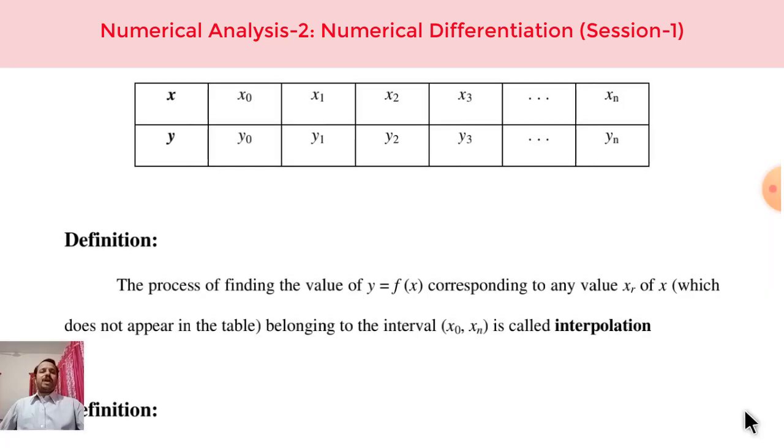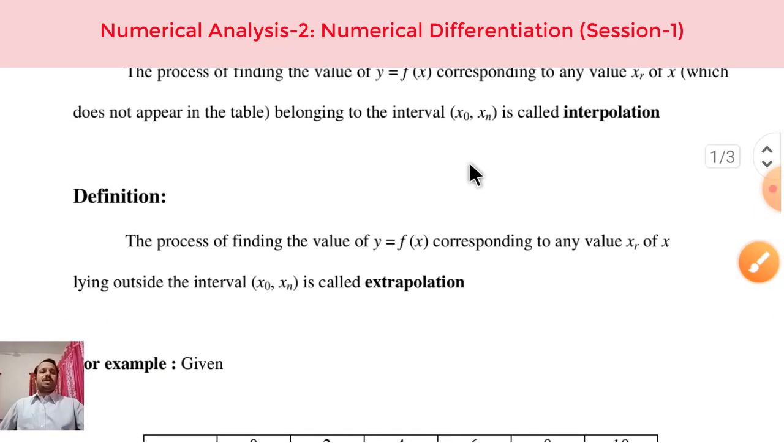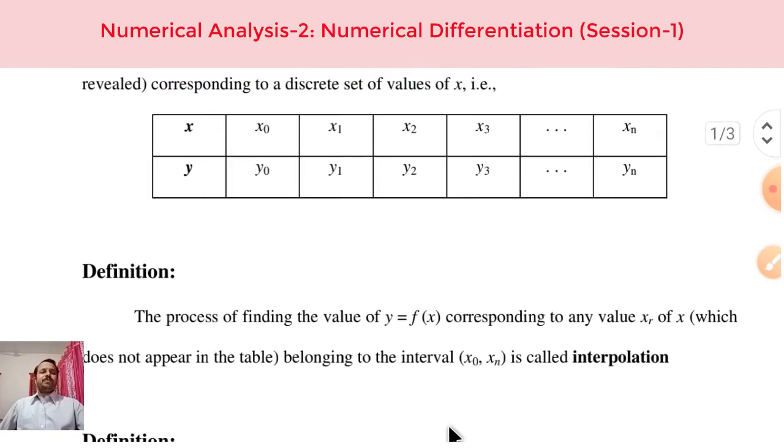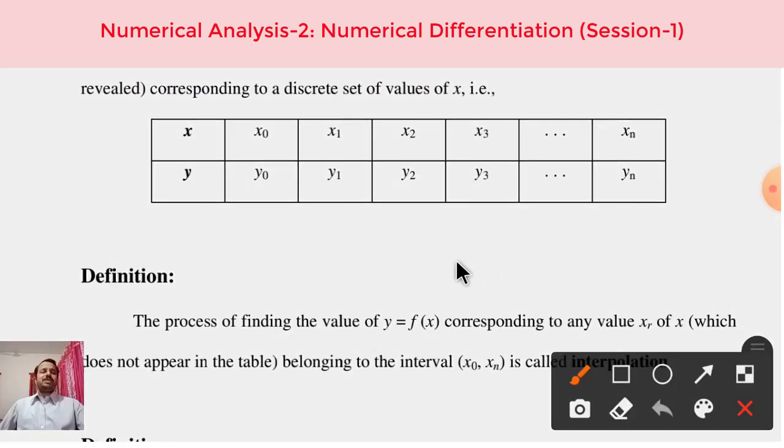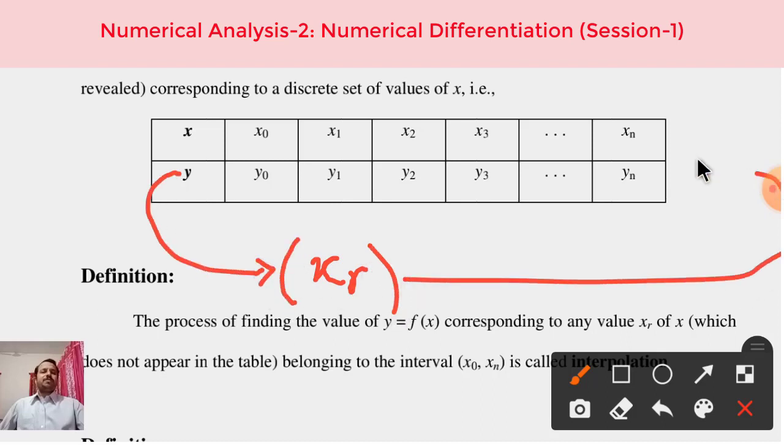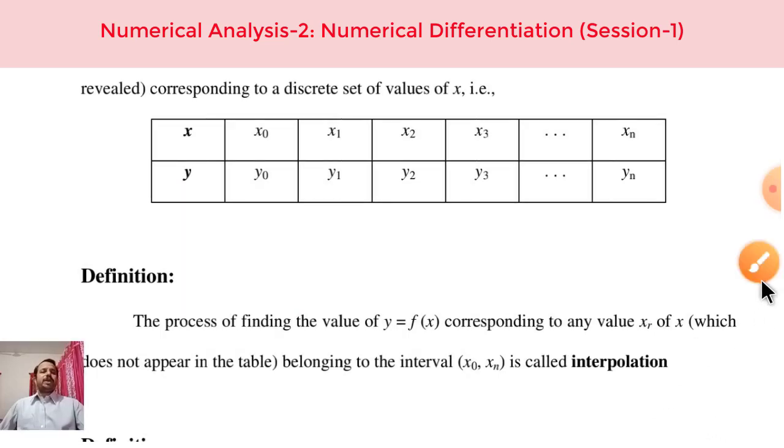Now if the value of x is outside the table, for example xr is the point at which we want to estimate the value of y is outside the table, somewhere here, either in the beginning or in the end of the table, then that process is called extrapolation.